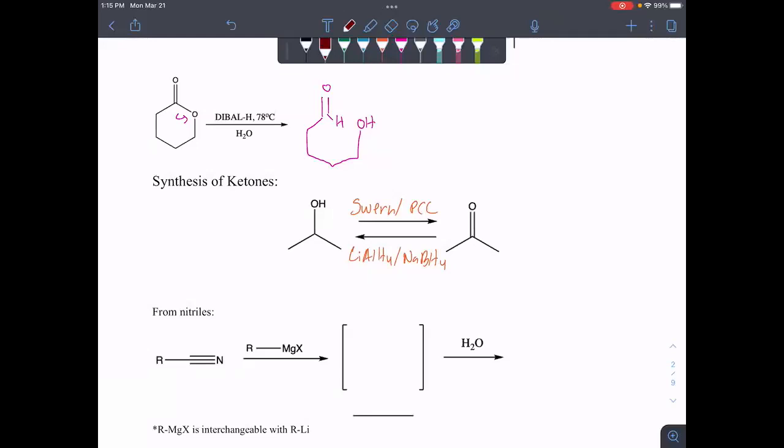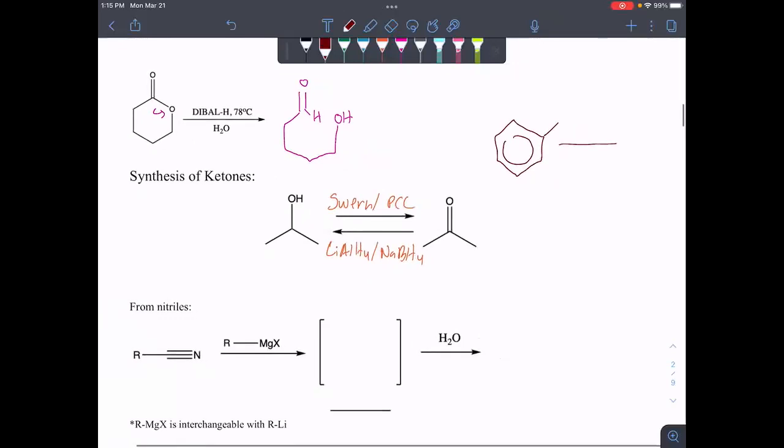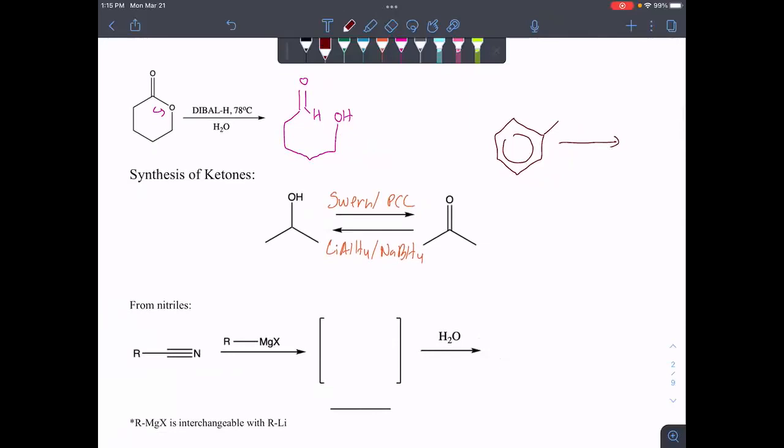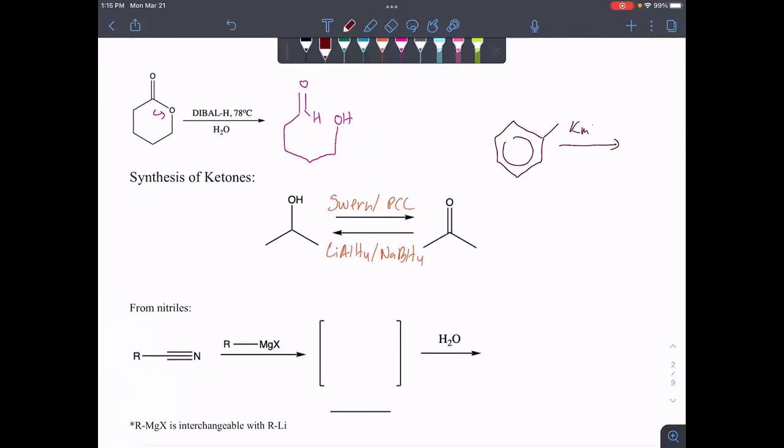I don't remember either. But also for this chapter, KMnO4 does something important. I saw it on your test. So if you have a benzylic carbon, just like a methyl sticking out of a benzene, if you react it with KMnO4, it's going to turn that methyl into a carboxylic acid.